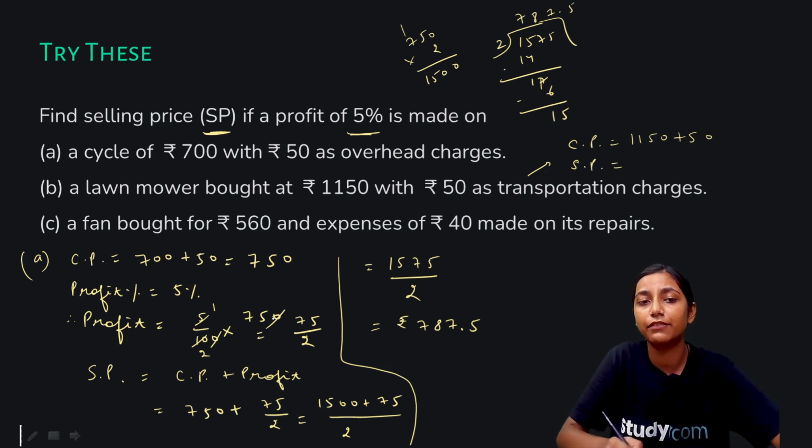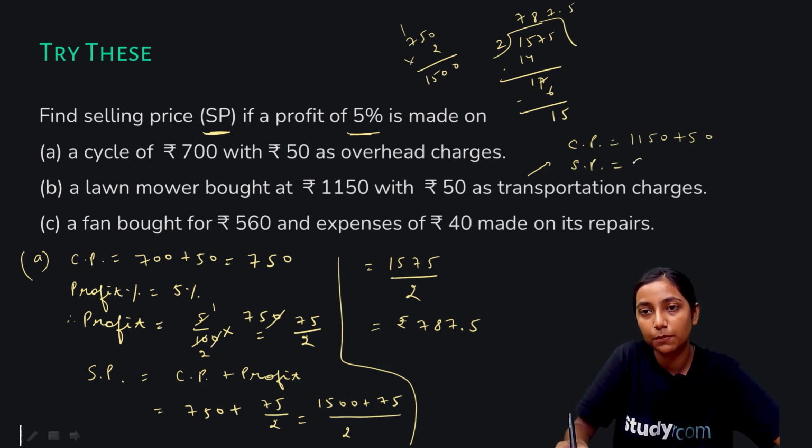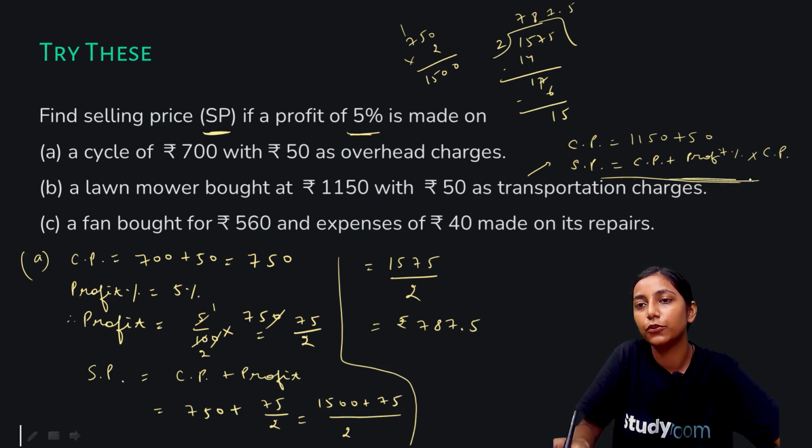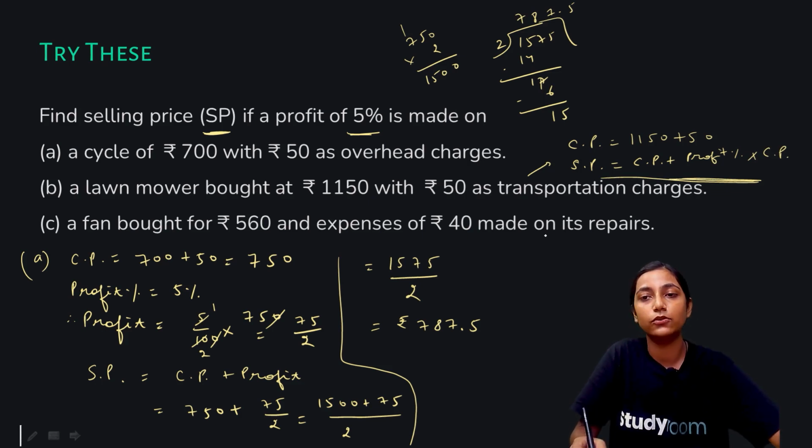The same formula that we used here, that is this cost price that you found out plus the profit percent that was given to us into the cost price. This is the formula that you have to use in B part as well and in C part as well. In C, the cost price will be 560 plus 40, that is total 600.